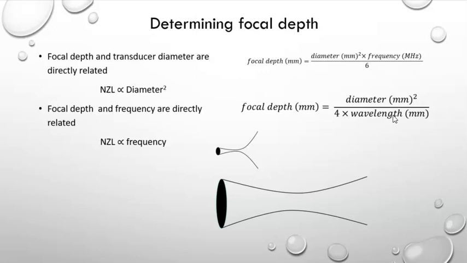As you recall, the wavelength is equal to the speed of sound given by the symbol c over the frequency f. And so the frequency gets hidden within this equation, but it's right out here in the first one. So again, both of these equations work, and they can help you determine the near zone length or the focal depth.